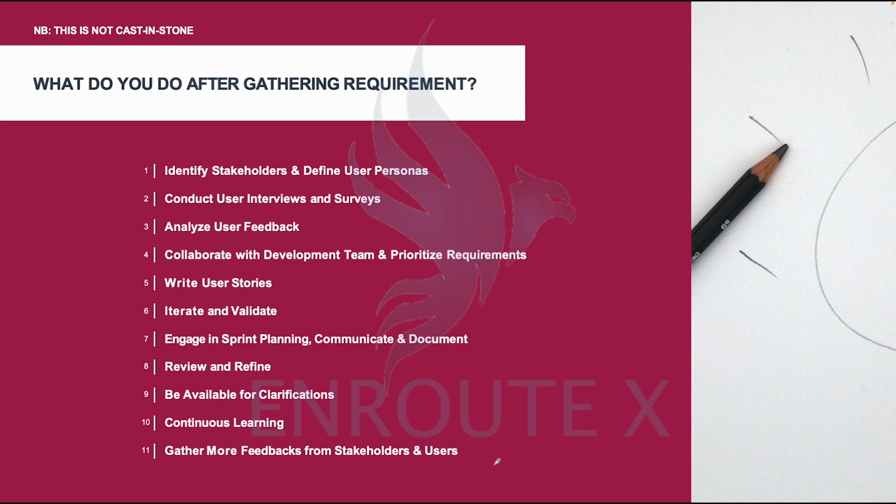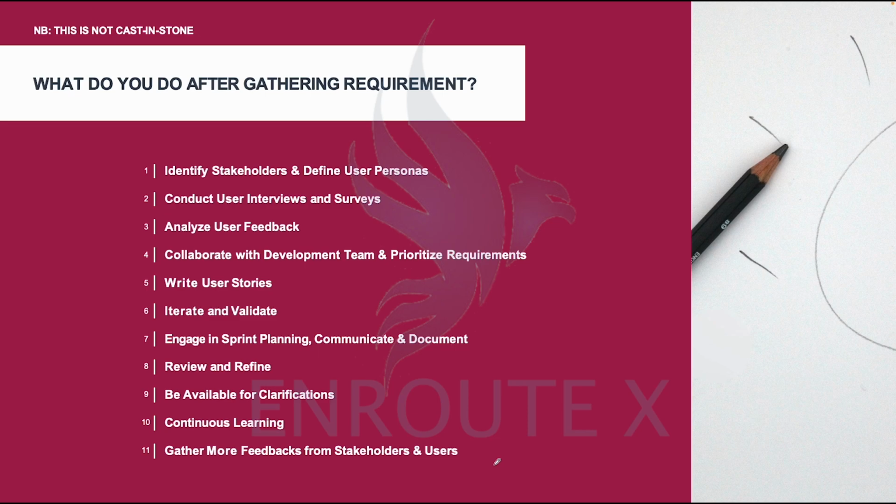We've done most of this from module 1, the roles of the product owner. You'll be available for the development team members when they need you. You'll be available for the stakeholders when they need you, ensuring clarifications and feedbacks, collaborative ways of working. Then of course continuous learning, and of course you gather more feedbacks from the stakeholders and users.